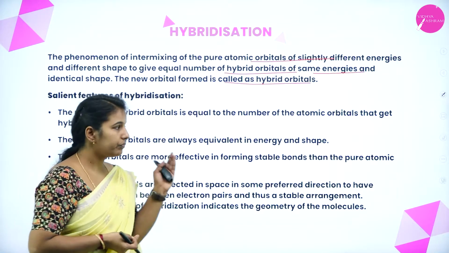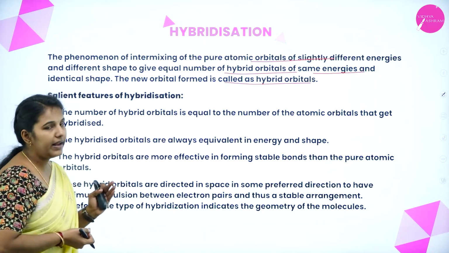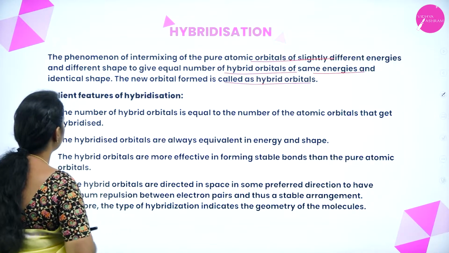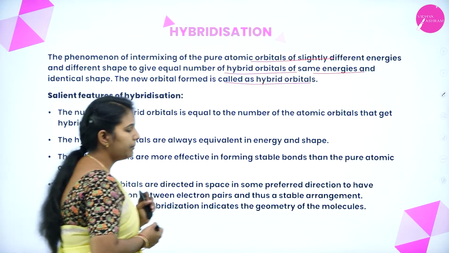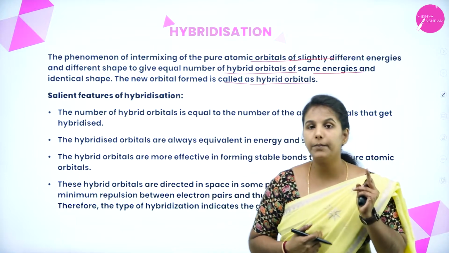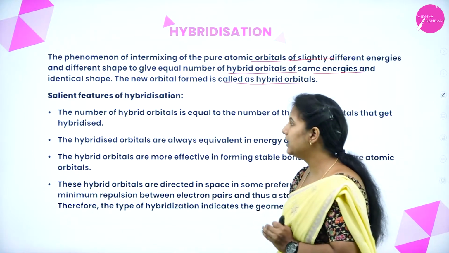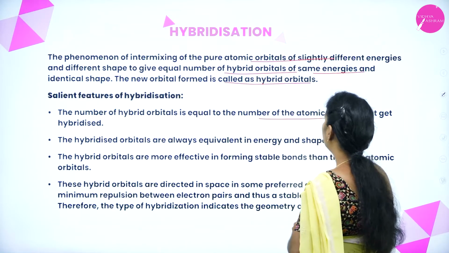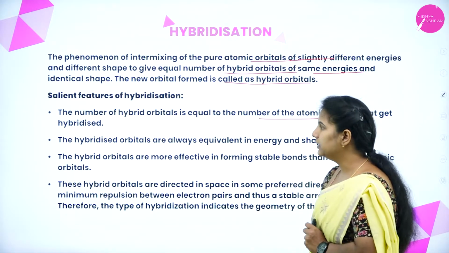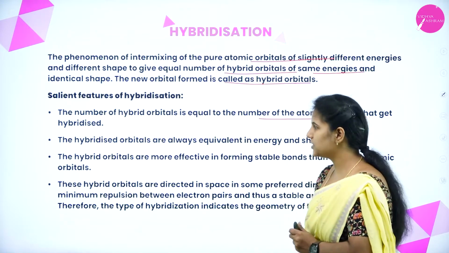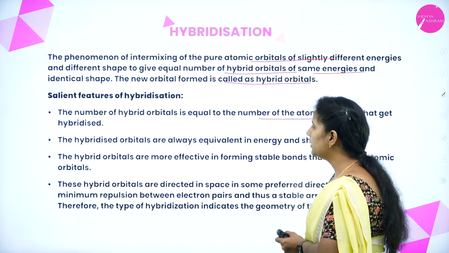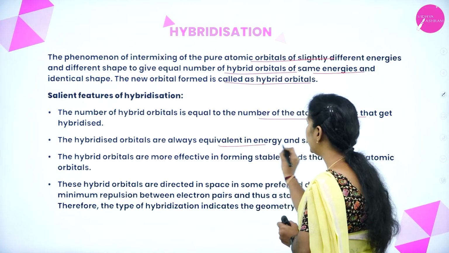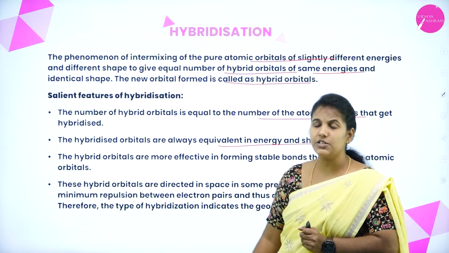Let us see what are the salient features of hybridization. For hybridization, we need pure atomic orbitals. Is it right? Yes. The number of hybrid orbitals obtained through hybridization is equal to the number of atomic orbitals that were mixed, and hybrid orbitals are always equivalent in energy as well as shape.